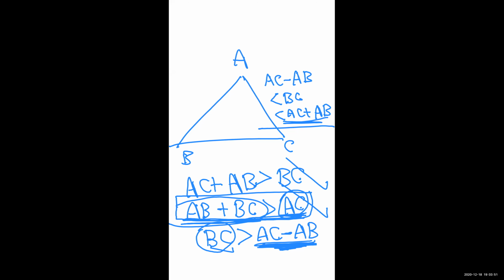That's it. I just copied it. But in this case, instead of BC greater than AC minus AB, I said AC minus AB is less than BC. And then instead of AB plus BC greater than AC, I said that AC is less than AB plus BC. That's it. Are we clear till now?